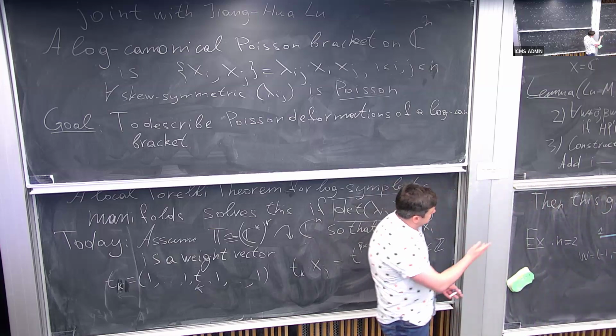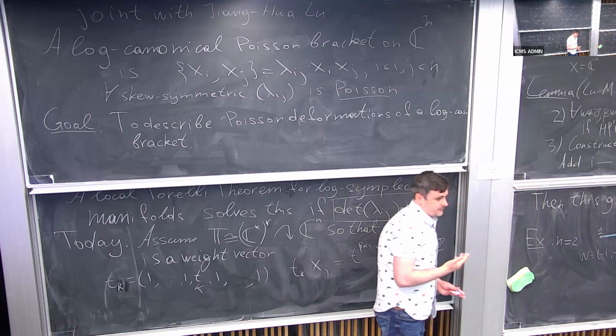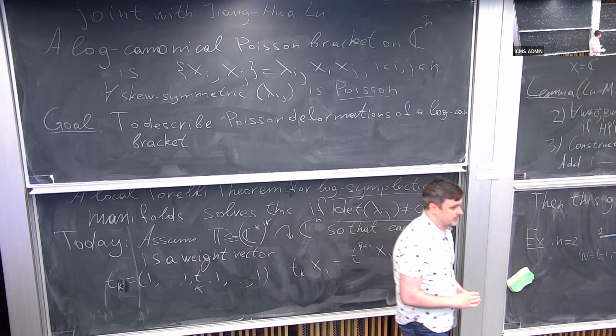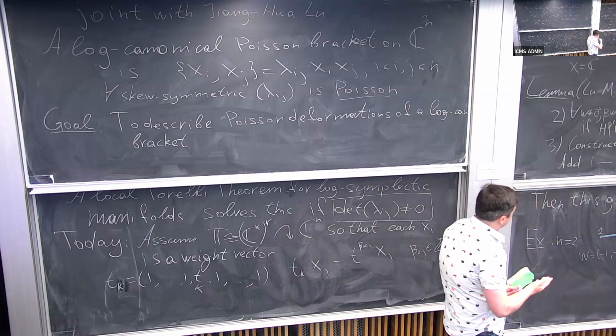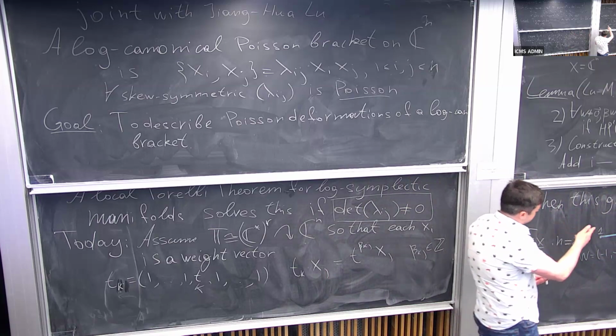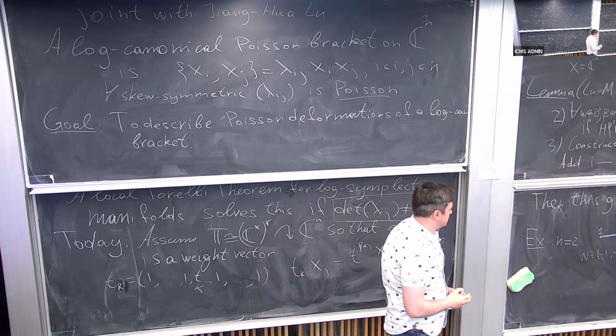Part of the statement, by the way, is that the first order deformations are finite dimensional, so that's not trivial. Certainly, if that open T-leaf condition is violated, then the second Poisson cohomology can be infinite dimensional.